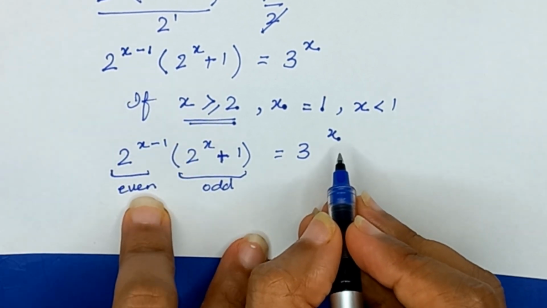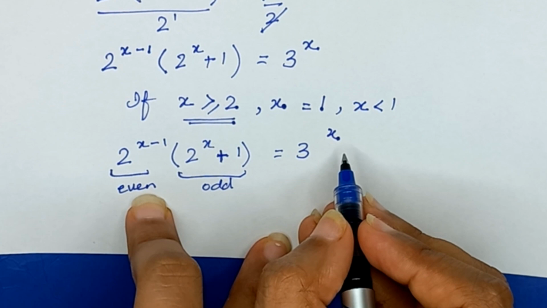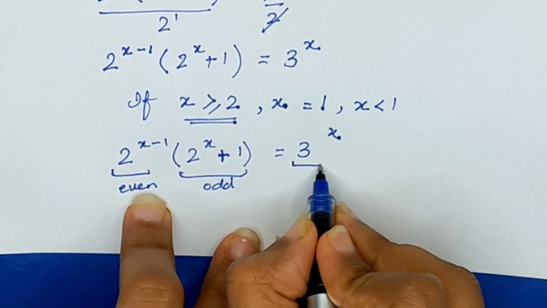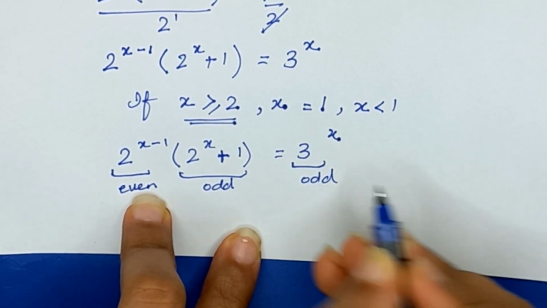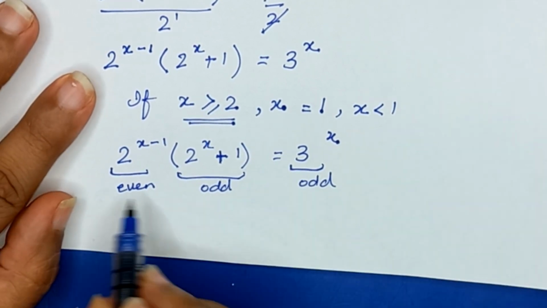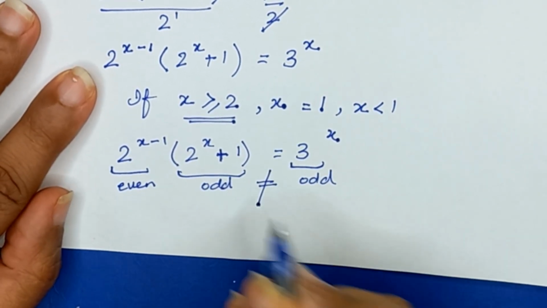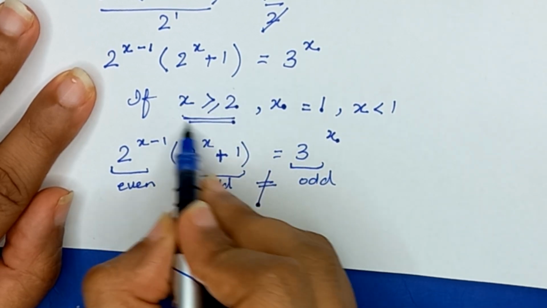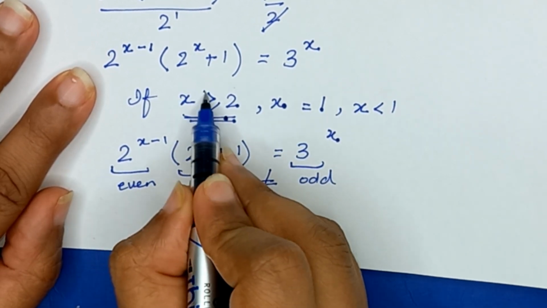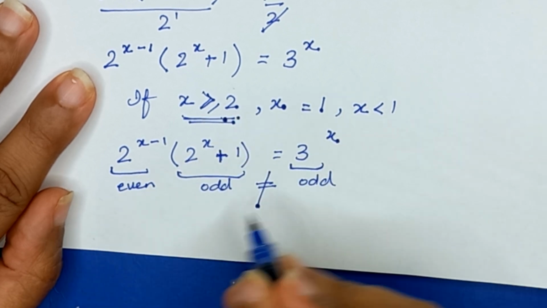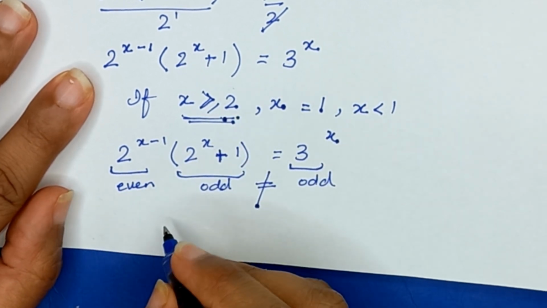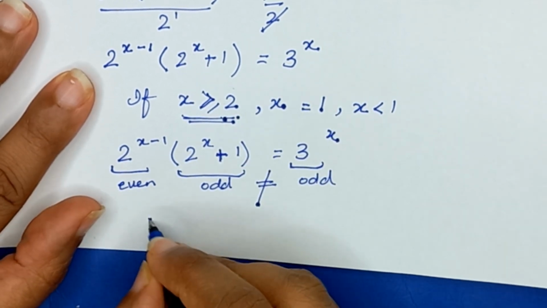And this 3 raised to the power x will be an odd number. So even times odd is not equal to odd. So it means x equal to 2 or x greater than or equal to 2 will have no solution.